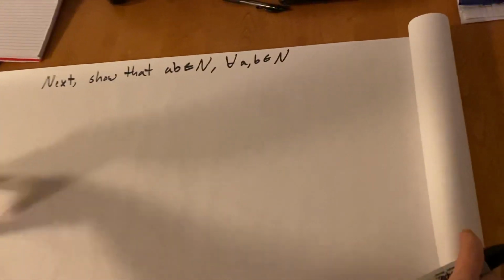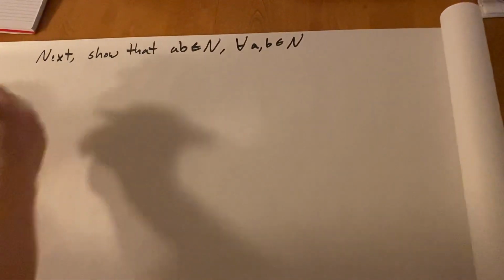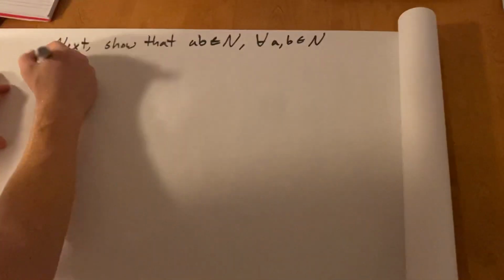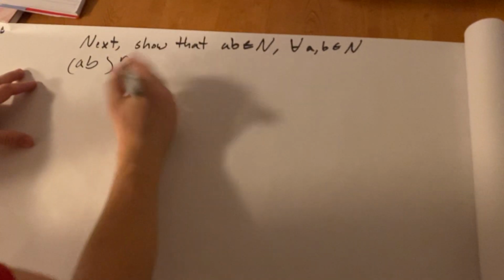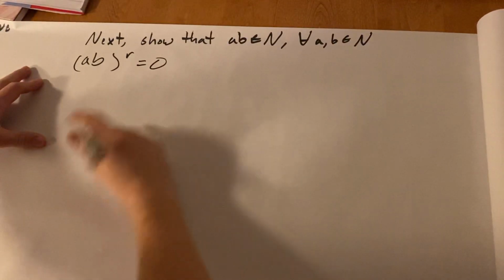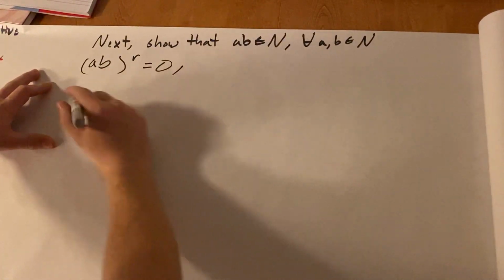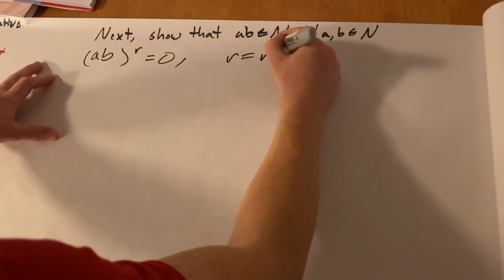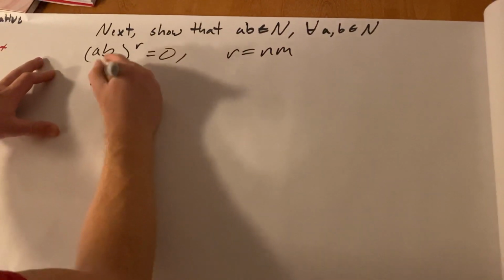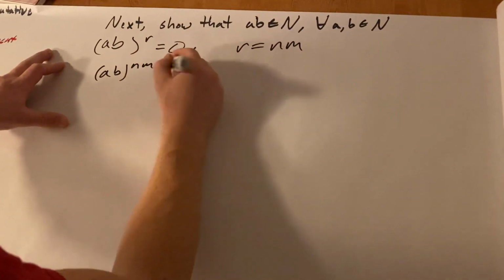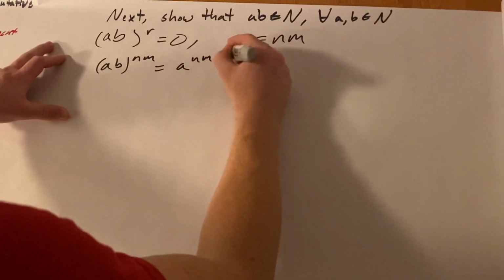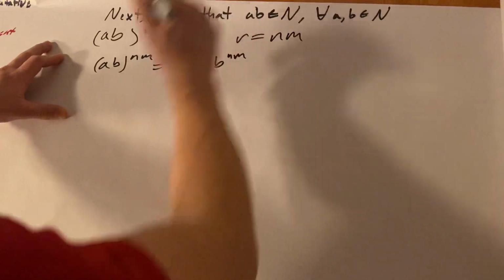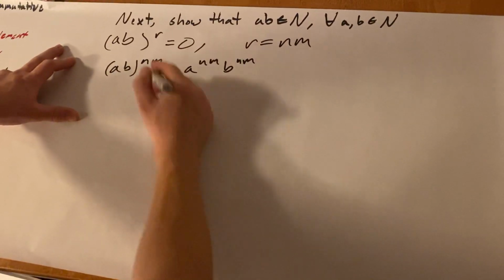Next, we can show that a times b is in N. So a times b to some r is equal to 0. So let's say that r is equal to nm. So ab to the nm is equal to a to the nm times b to the nm, and since R is commutative, we know that that can be true.